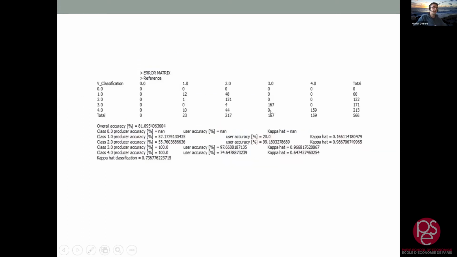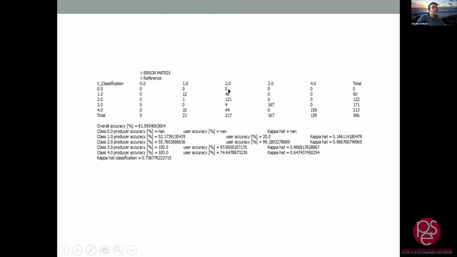So in the reference matrix, we have this sort of thing. For example, here we know in this example, we are testing 23 pixels of class 1. Among these 23, 12 of them have been correctly classified, but 10 of them have been wrongly classified.